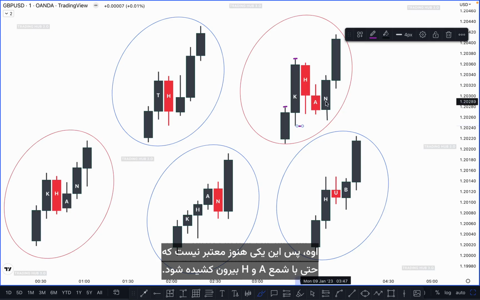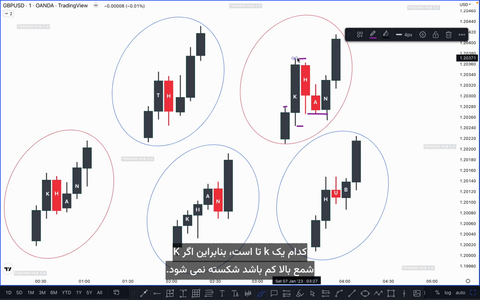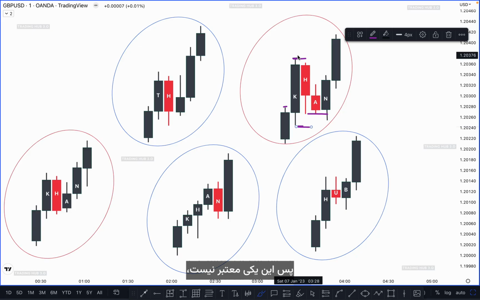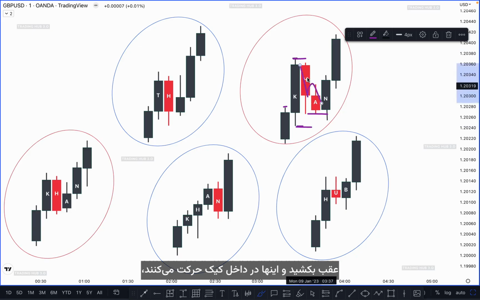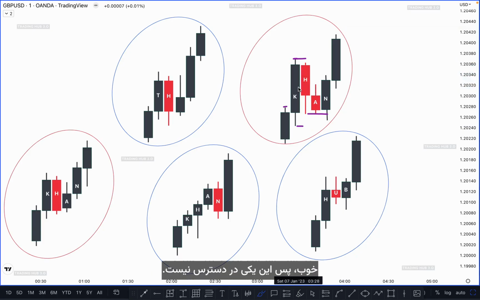Even if the N candle takes out the A and H candle lows right here, this is not a valid pullback. Why? Because the actual candle is here, which is the K candle. If the K candle's high or low is not broken, this is not a valid pullback, and these are inside moves of the K candle's high or low, okay?